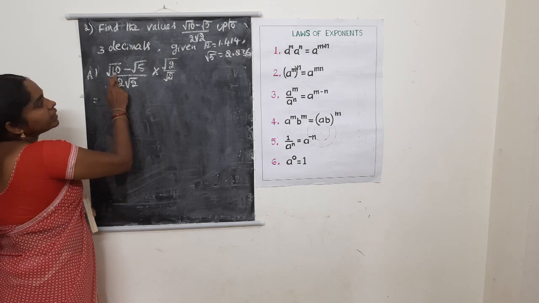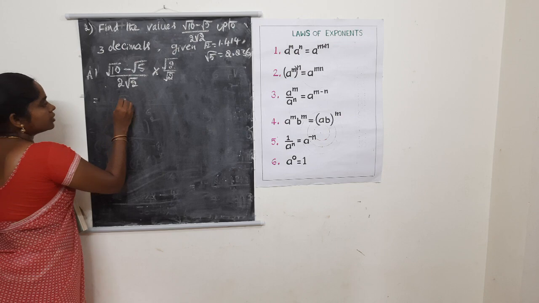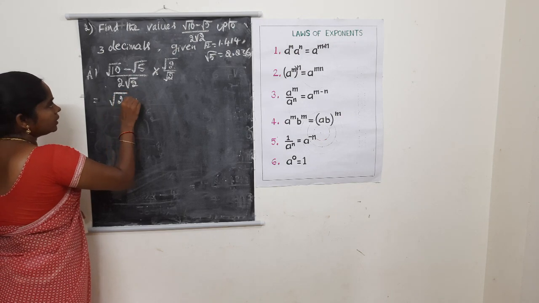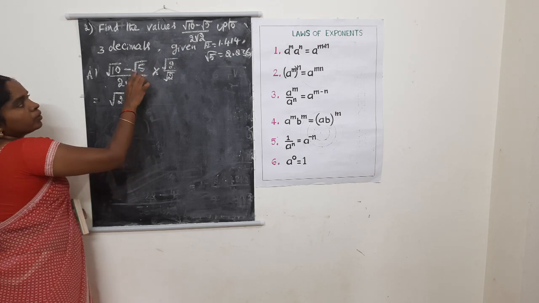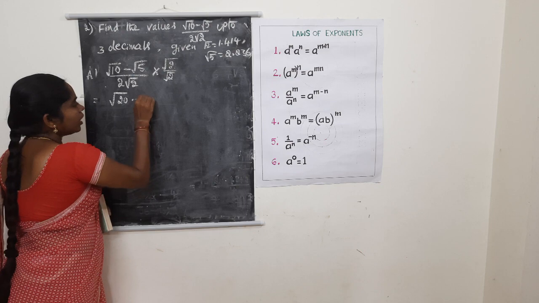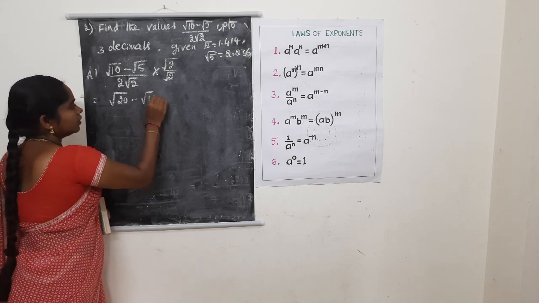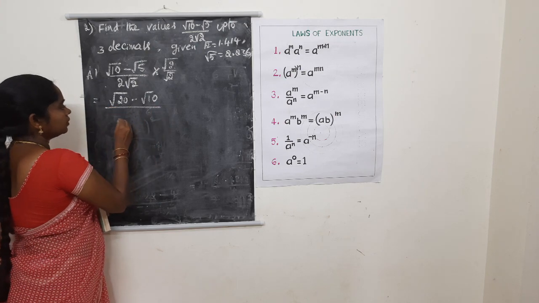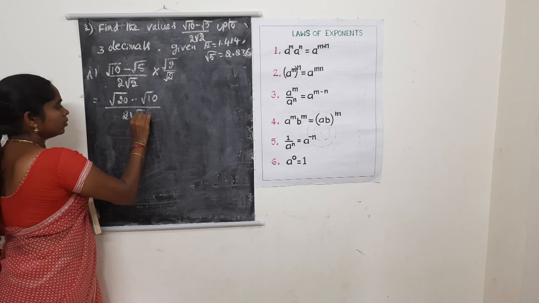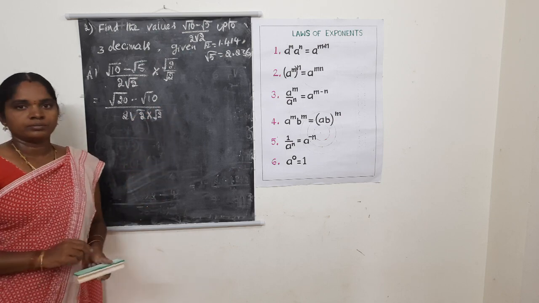So root 10 into root 2, 10 twos are 20, so root 20, minus root 5 into root 2, so square root of 5 twos are 10, by 2 root 2 into root 2.